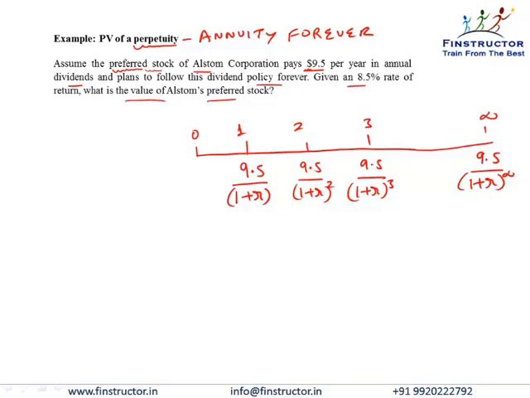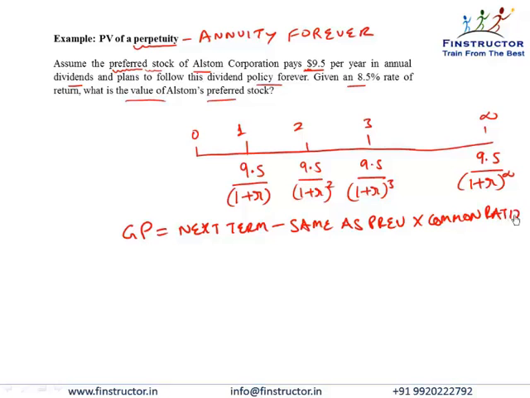Now guys, a geometric progression is a series in which the next term is the same as the previous term multiplied by a common ratio. So is this series a geometric progression?